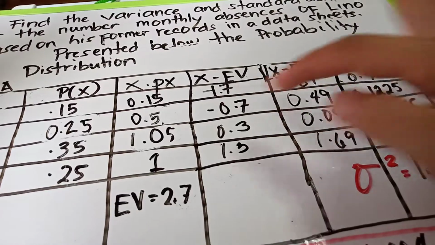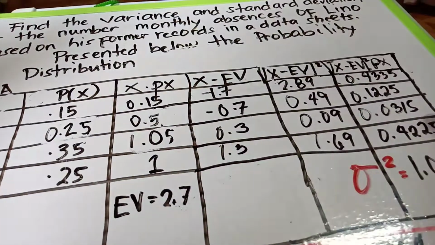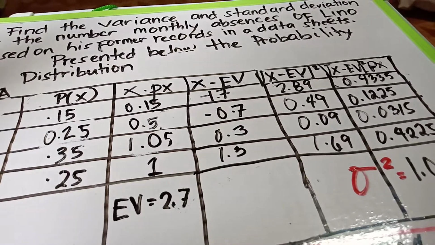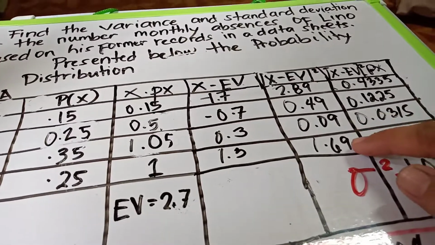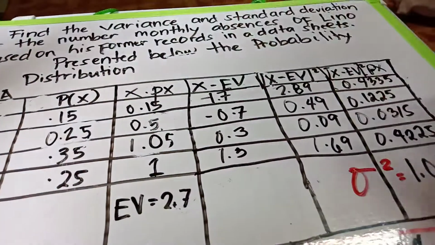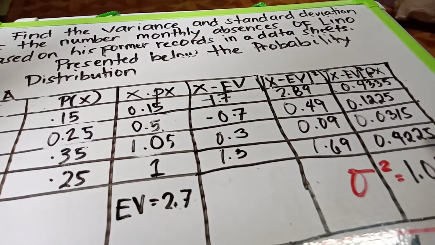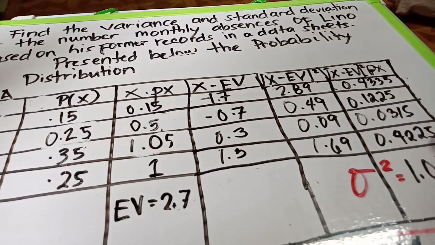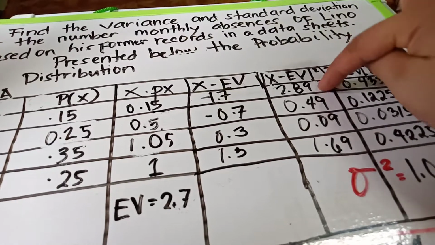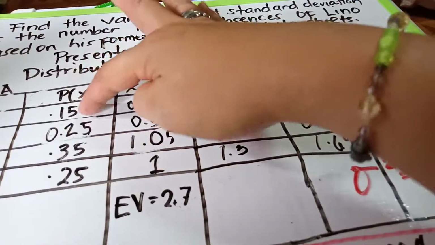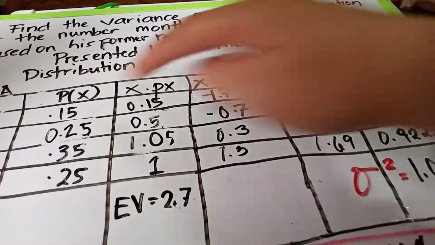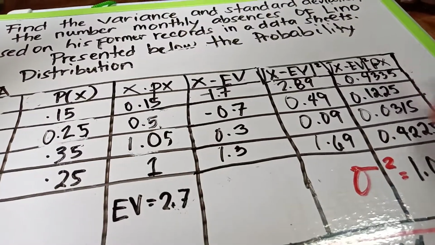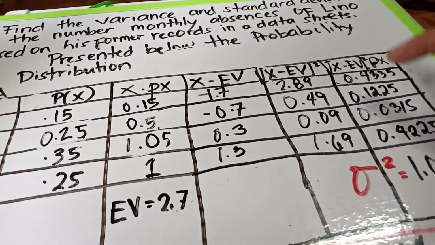Then 0.09 times 0.35 is 0.0315. And 1.69 multiplied by 0.25 is 0.4225. I repeat, just multiply by the probability of x in this chart, and then add the total.